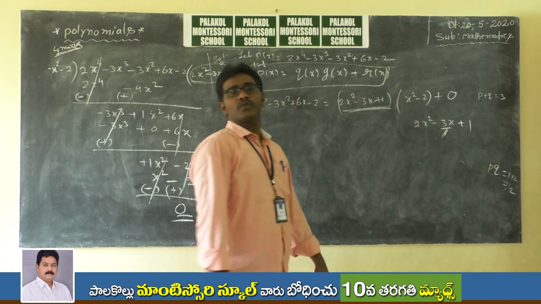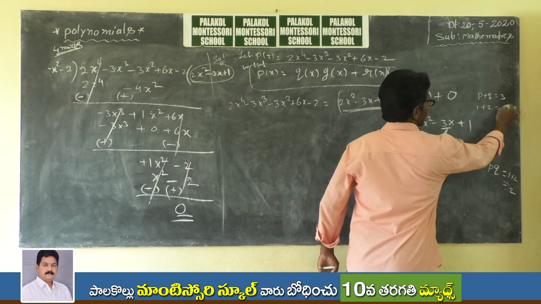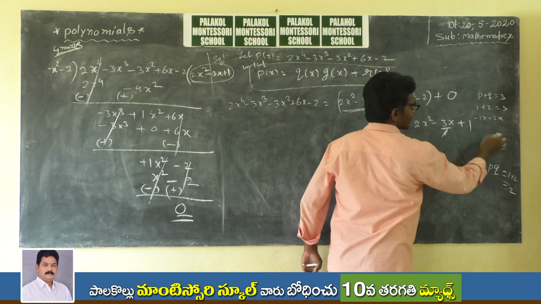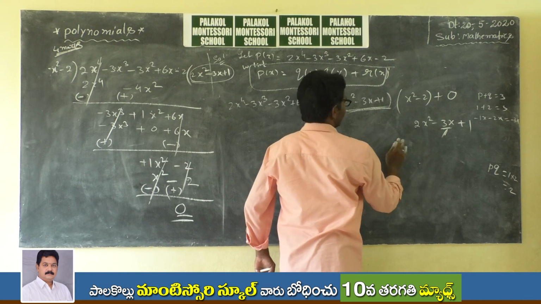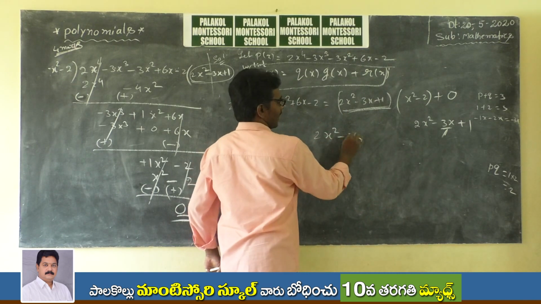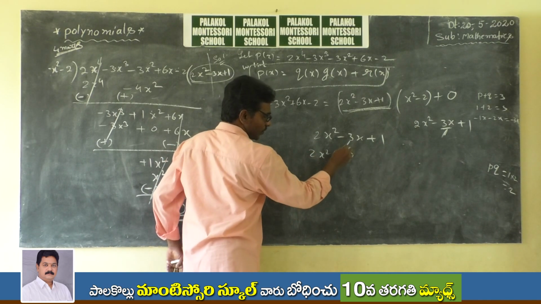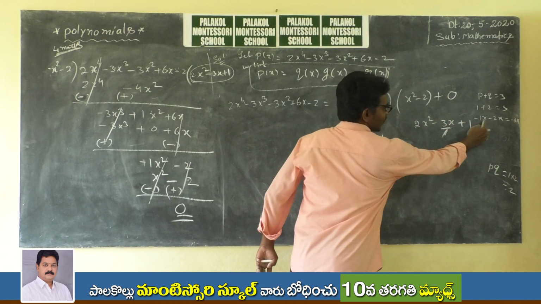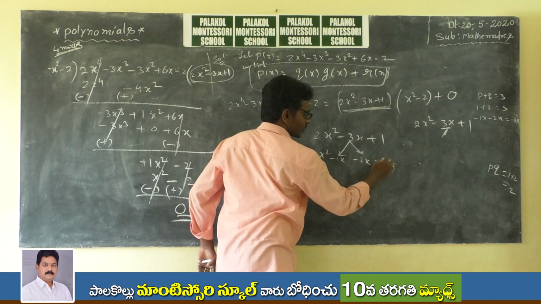What are the factors of 2? 1 twos are 2, 1 plus 2 is 3. So we write 1x minus 2x, and you get minus 3x. So 2x square minus 3x plus 1: 2x square, this middle term is split as minus 1x minus 2x, plus 1.